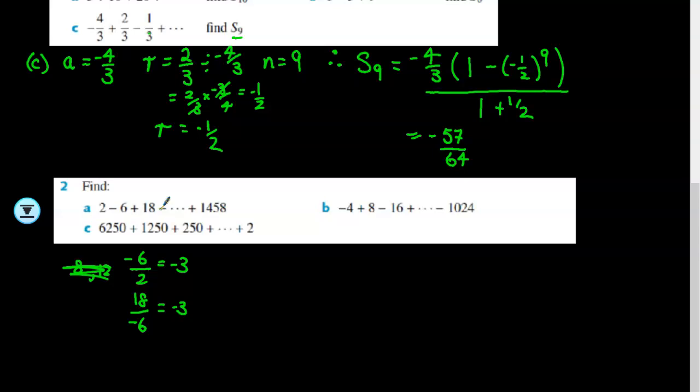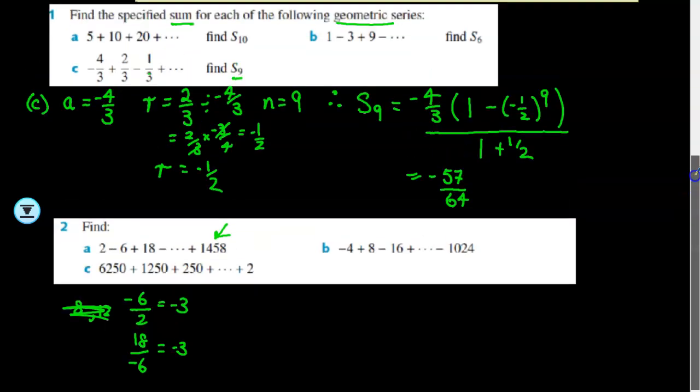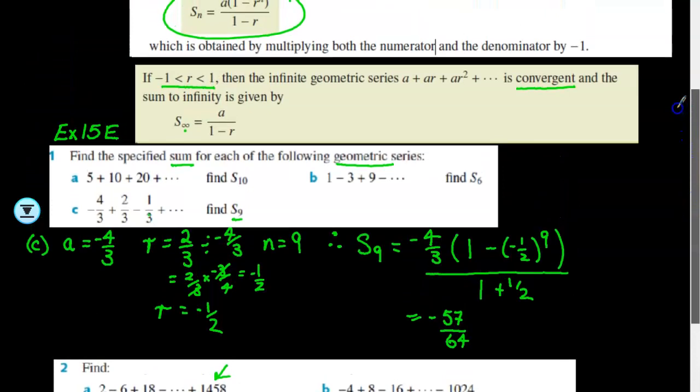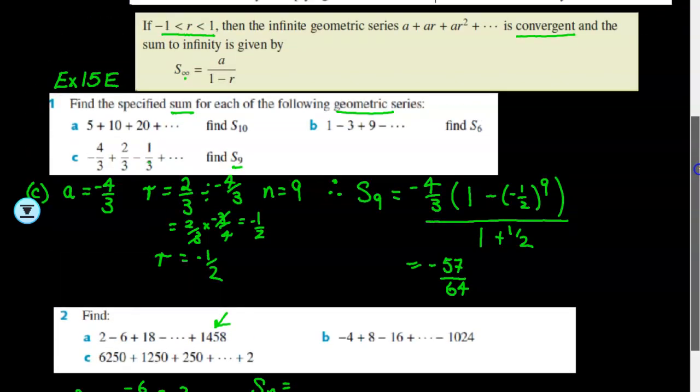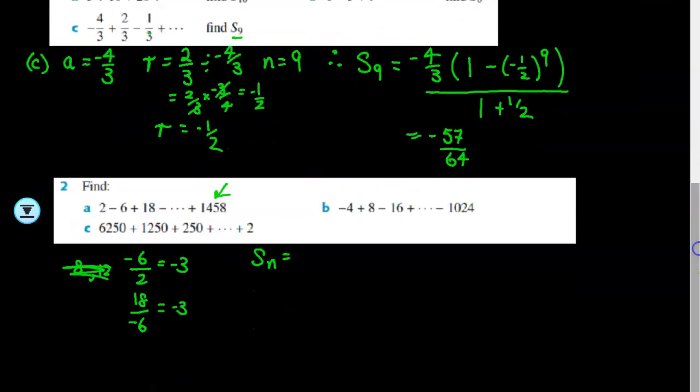Okay. It doesn't tell us what we want to sum up to. So what are we going to do? Good mathematicians, we're going to write our formula because it's the sum of a geometric. So Sn, right? Sn equals A(1 minus r to the n) over 1 take r.